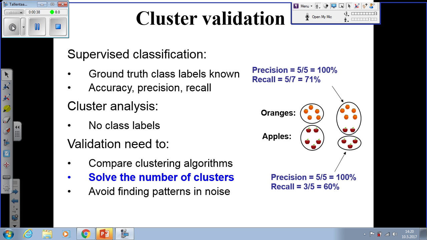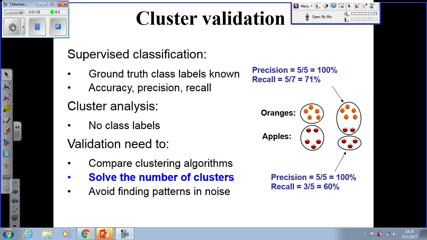Recall is how many of the oranges we managed to capture in that class. We get 100% recall because all oranges were found, but the precision is not 100%, it is 71%, because we have also some extra other items there.